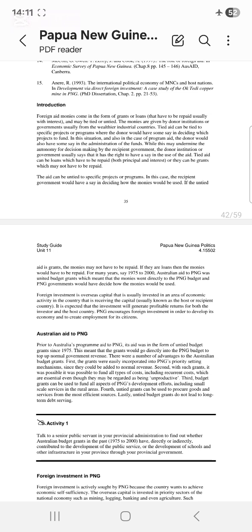So tied aid is tied to specific programs, projects or criteria, and the donor, the one giving the aid, has some say in how the aid is going to be used.